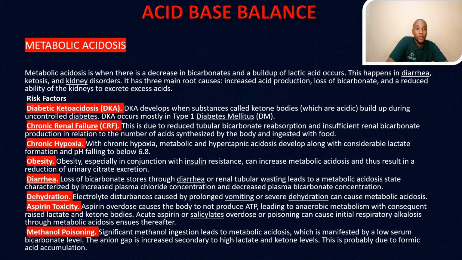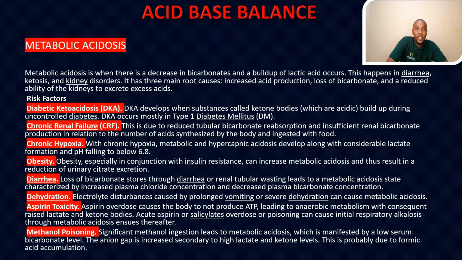Another very common risk factor which can predispose a patient to develop metabolic acidosis is chronic renal failure. This one is due to reduced tubular bicarbonate reabsorption and insufficient renal bicarbonate production in relation to the amount of acid synthesized by the body and ingested with food.